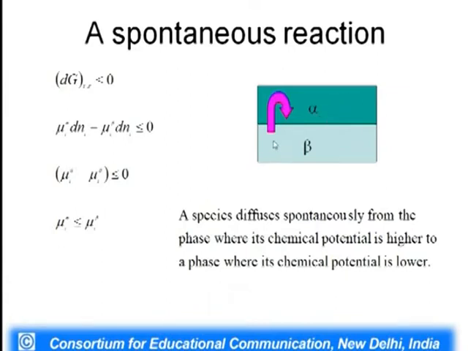So, you see that the component is going from beta to alpha. The number of moles in alpha is increasing, whereas the number of moles in beta is decreasing.